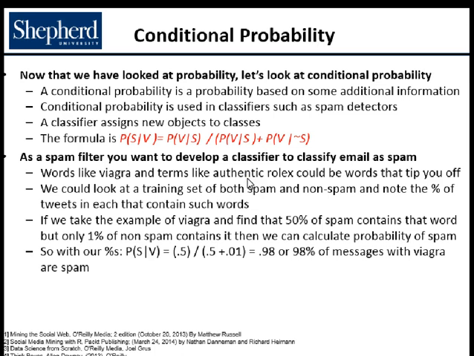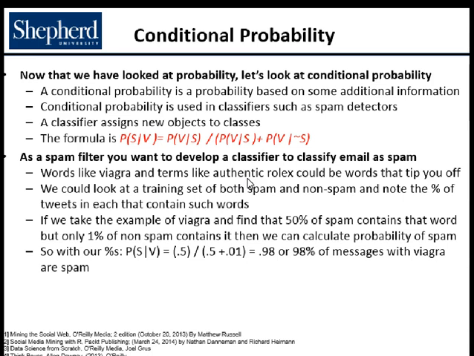And as an example, we might say, what is the probability of an email being spam if it contains the word Viagra in it? So the conditional probability then would be P, the probability that it is spam, given that we have Viagra.